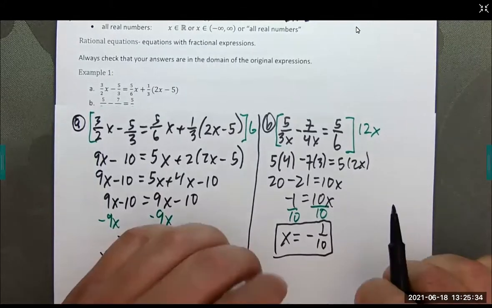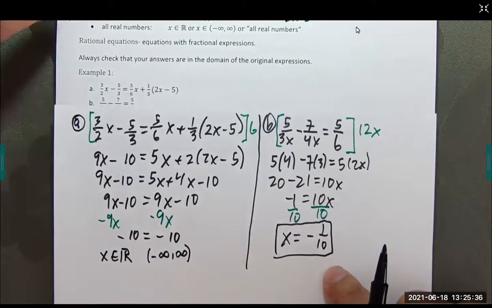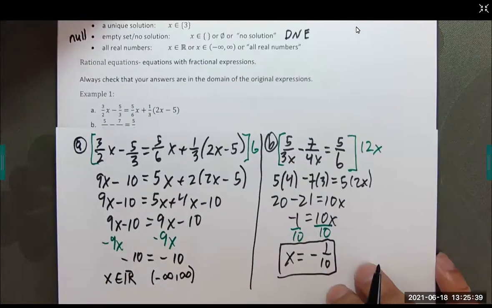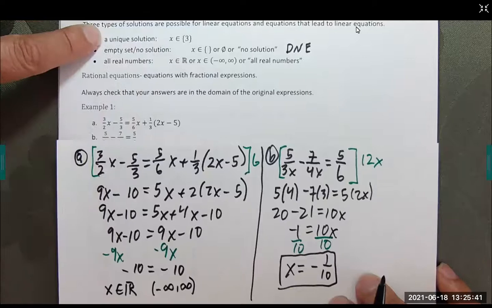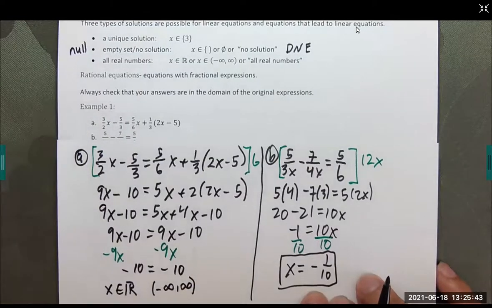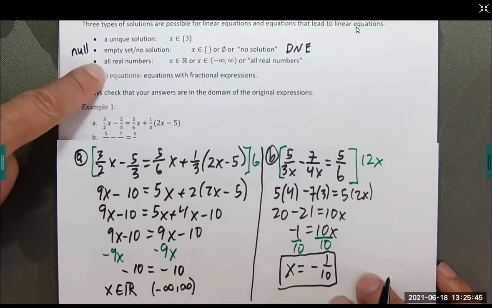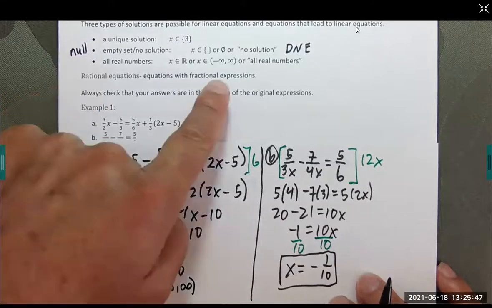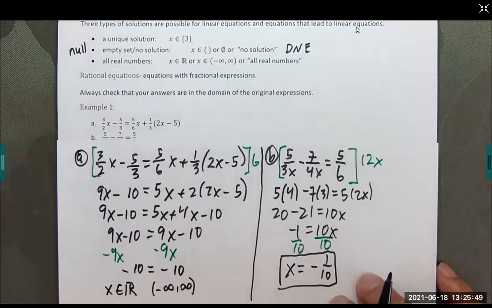So this one has one unique solution. We talked about this up here. Let's put that down a little bit. One unique solution, that's here, negative 1/10. And here we have this one, all real numbers. See it there. All right, let's move on to page 2.